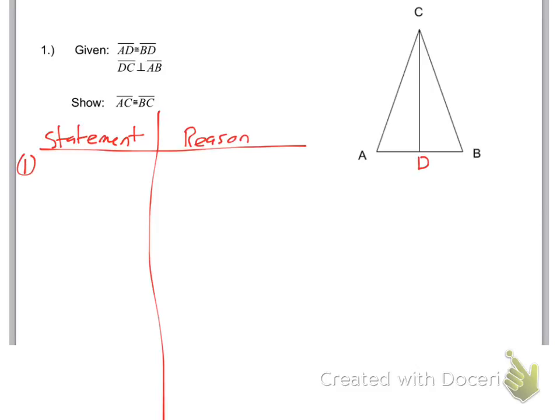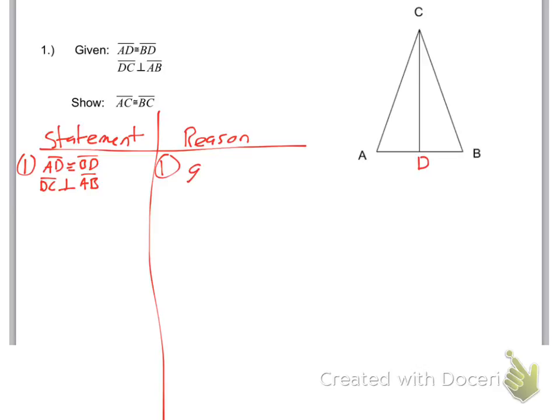Statement number 1, guys. This is about one of the only times you will be able to do 2 things at once. I want you to put all of the given. AD is congruent to BD. DC is perpendicular to AB. And the reason for number 1 is they told me so.